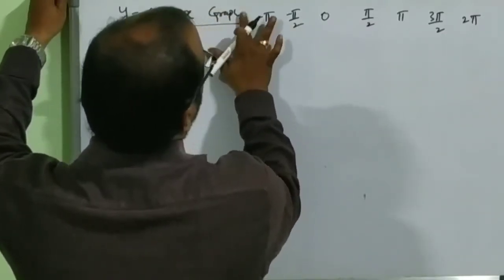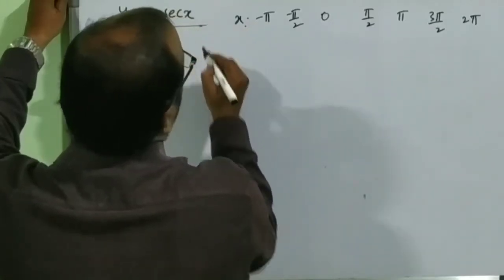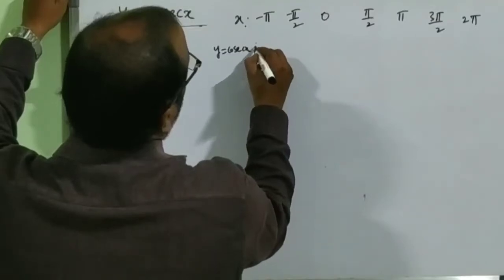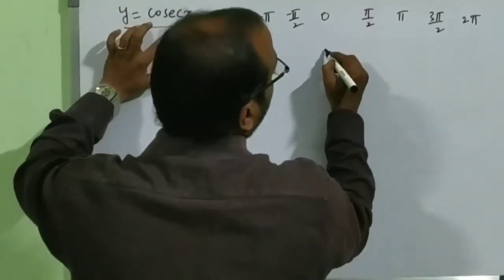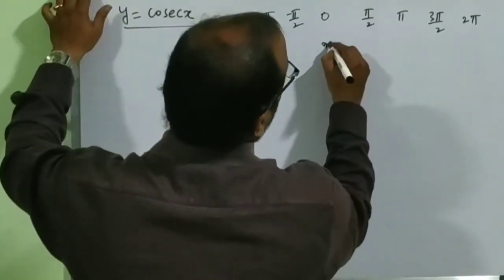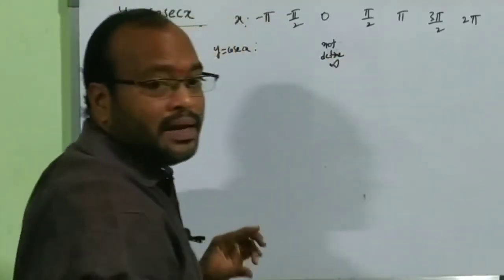These are the x values. Now y is equal to cosec x. Cosec 0, 1 by sin 0. 1 by sin 0 is nothing but infinity or not defined. Simply that will be infinity.